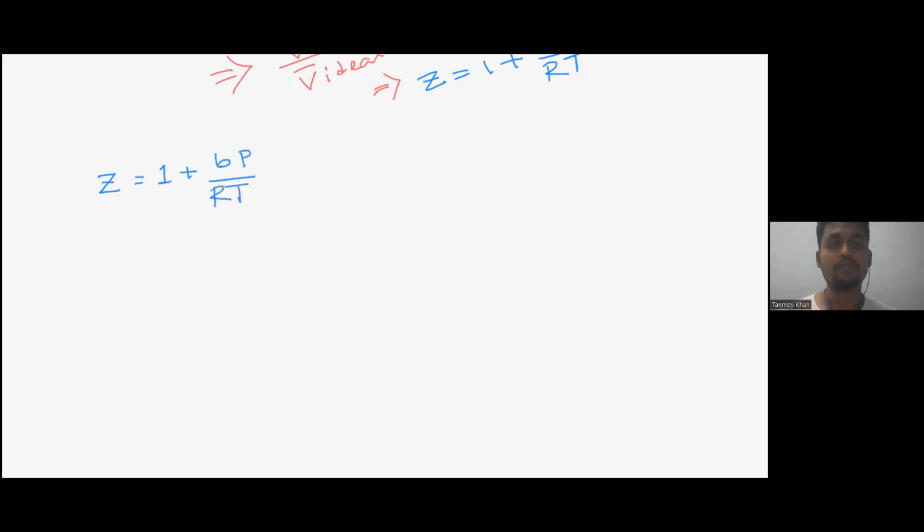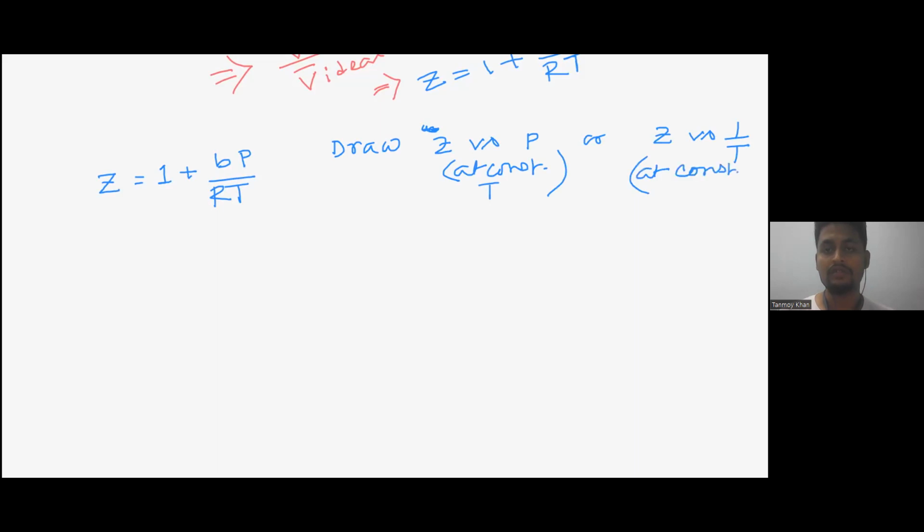Now, if you have to draw Z versus P or Z versus 1 by T. Okay, Z versus P at constant temperature, and in this case at constant pressure.